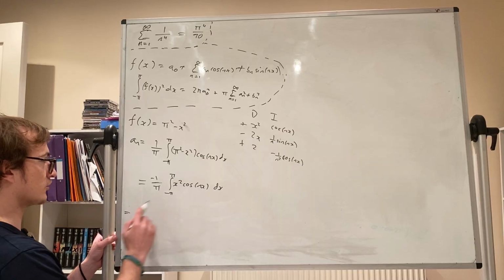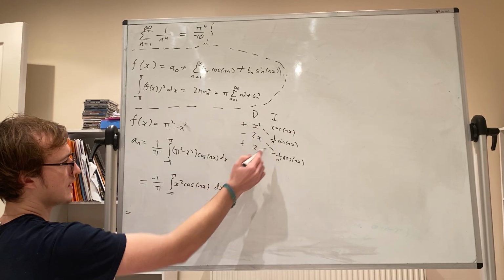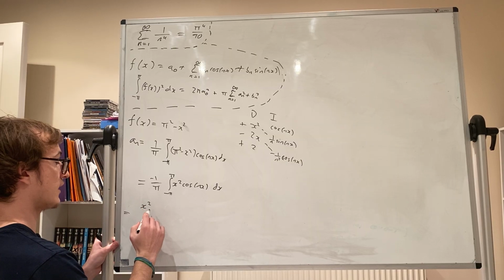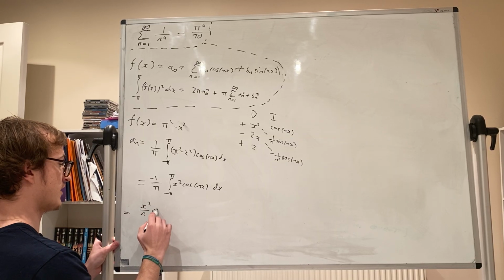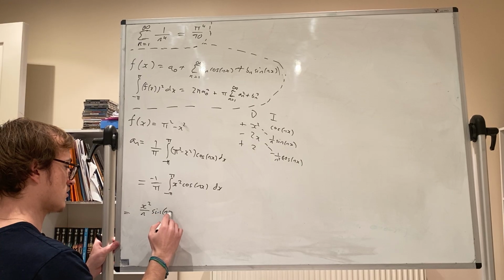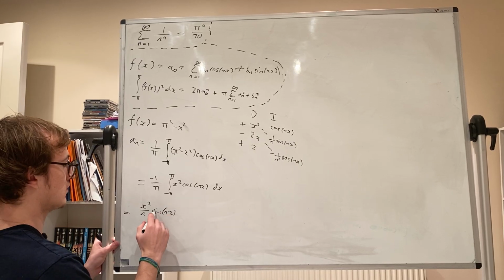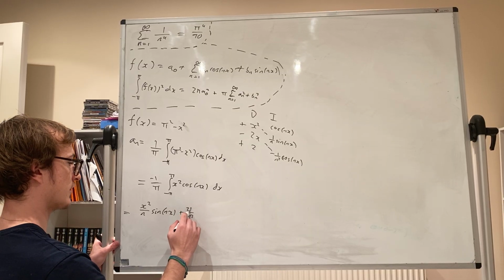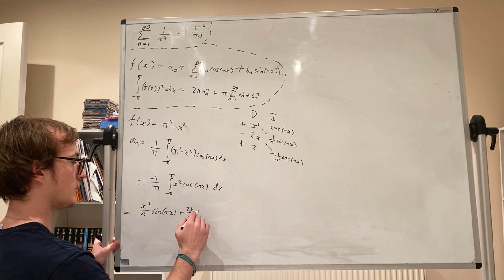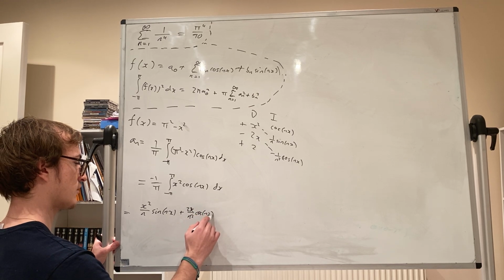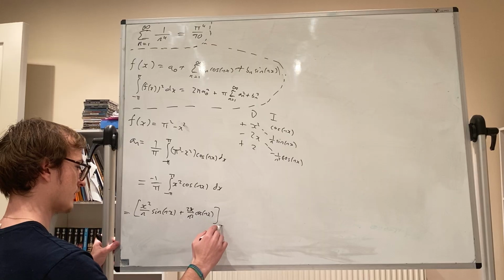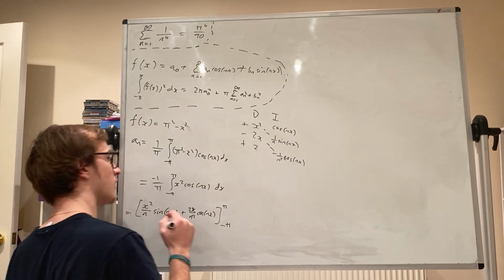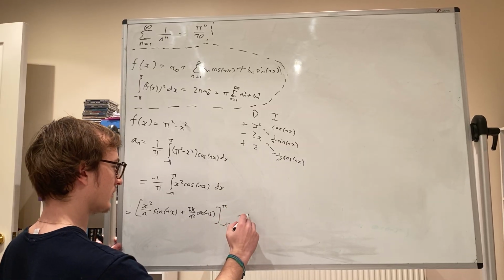So this is equal to, we multiply along the diagonals, so we get x squared over n sine nx, minus minus is a plus, 2x over n squared times cosine of nx, evaluated at x equals minus pi and pi, and then minus plus, so minus.